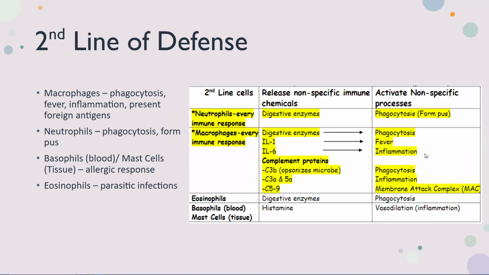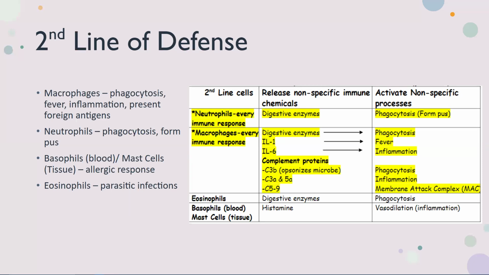Okay. Second line defense. So here's where students tend to start struggling. Recall that in every immune response, macrophages and neutrophils will be involved. The questions on the exam will probably ask you what two immune cells are always involved, and then they might ask you for a third immune cell that's involved based on the specific infection.